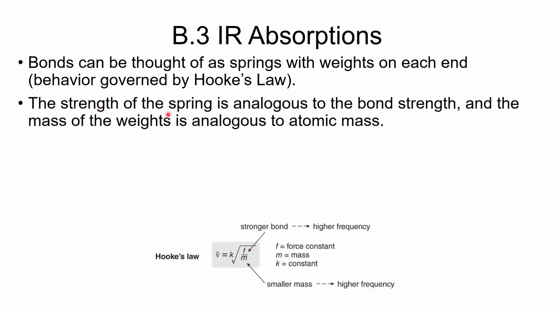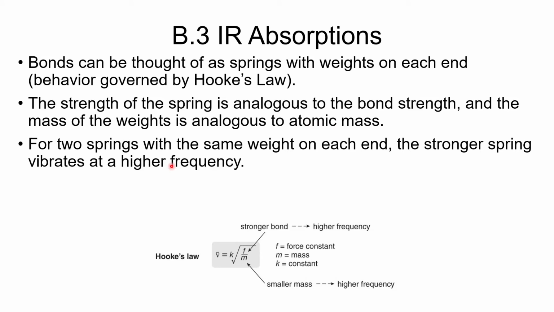So the force constant, which is the strength of the spring, is analogous to the bond strength of the molecule, and the mass of the weights is going to be analogous to the atomic mass. If you have two springs with the same weight on each end, the stronger spring vibrates at a higher frequency. So, if you've got two different carbon-hydrogen bonds, and we're going to see this in a minute, carbon-hydrogen bonds that are a little bit stronger are going to vibrate at a higher frequency.